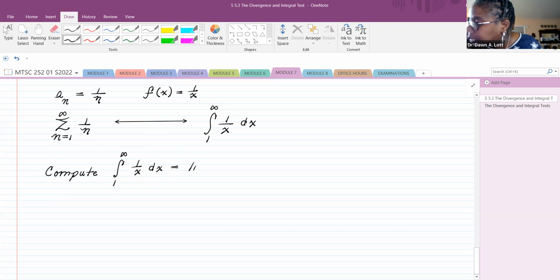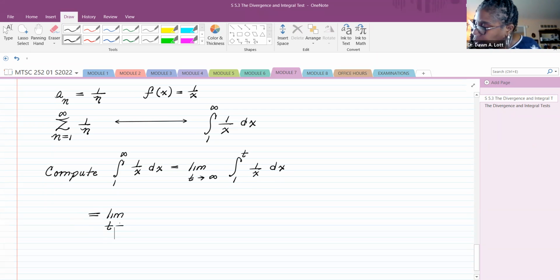So that is the limit as t approaches infinity of the integral from 1 to t. Okay, remember, this is an improper integral. It's going to infinity. 1 over x dx. Okay, so this is the limit as t approaches infinity.